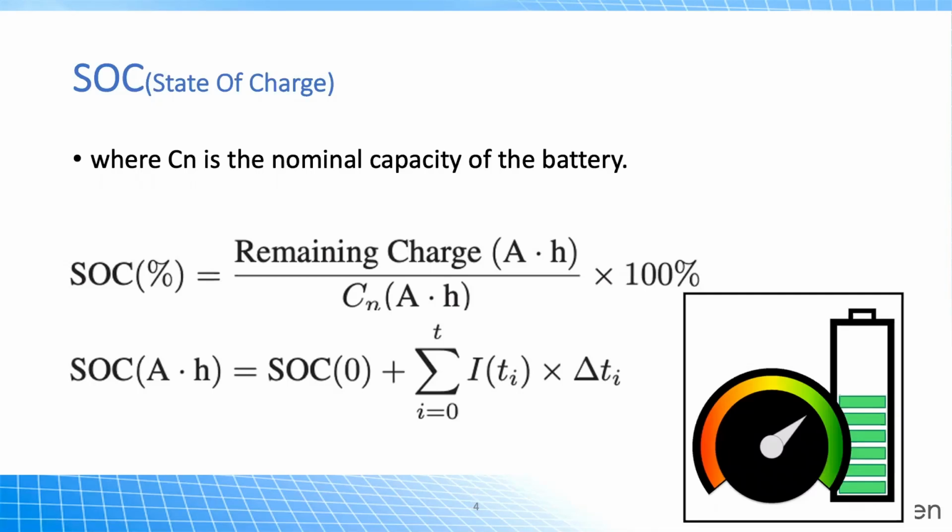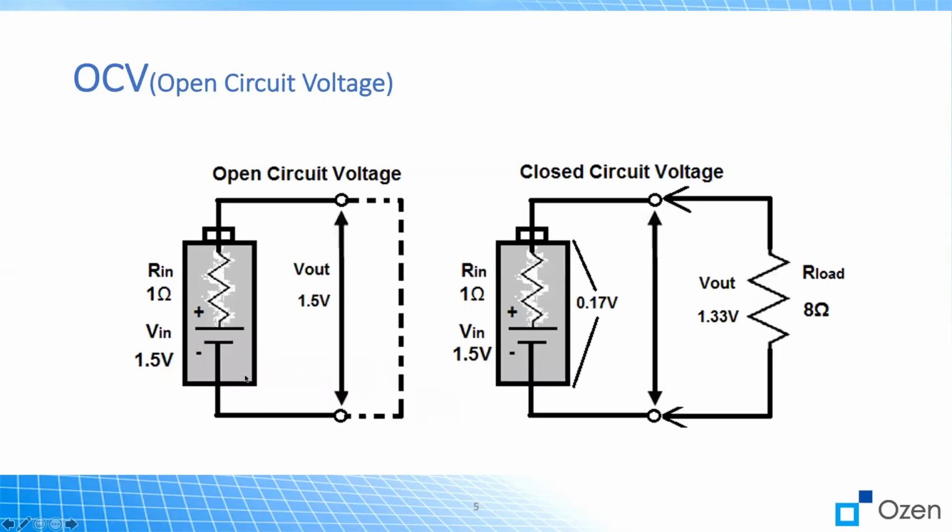After looking at SOC, let's take a look at OCV, which is open circuit voltage. Let's take a look at a very traditional battery. If you have one battery here, and please note it's open circuit, so there's no load connected on this side. If you put a meter across the battery, you read 1.5 volts, which is the terminal voltage.